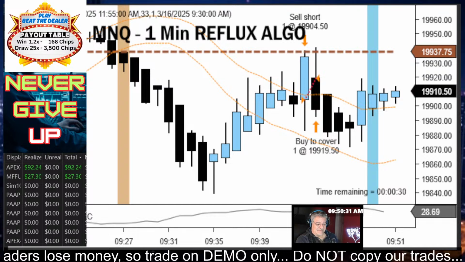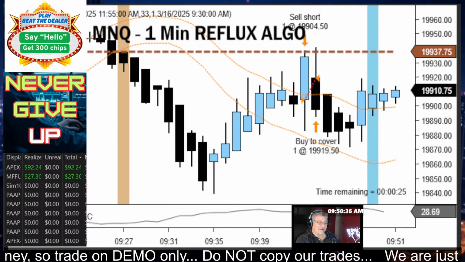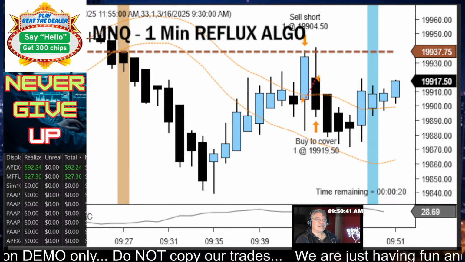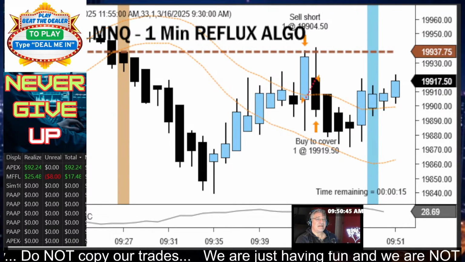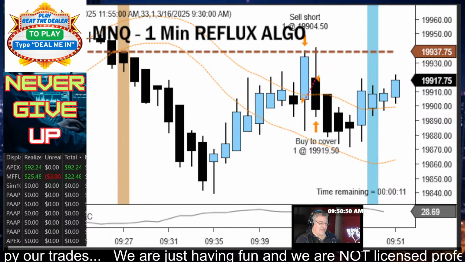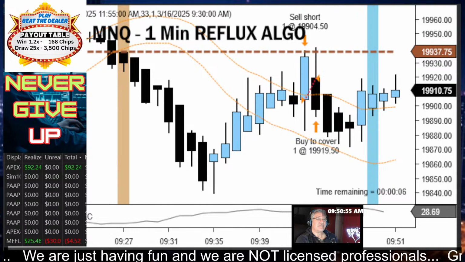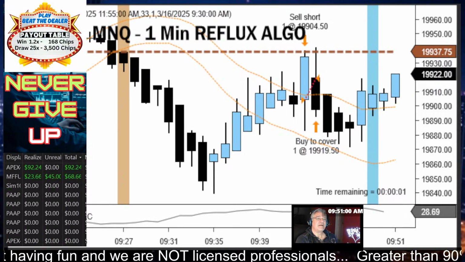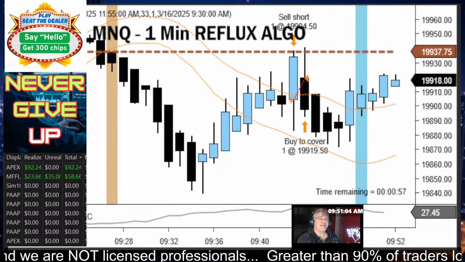I don't know. This is looking like one of those setups that just runs. Tried to get in on the bid twice, didn't work out. I'm going to take a little piece off here just over VWAP, if it gives me a chance. It doesn't give me the chance.